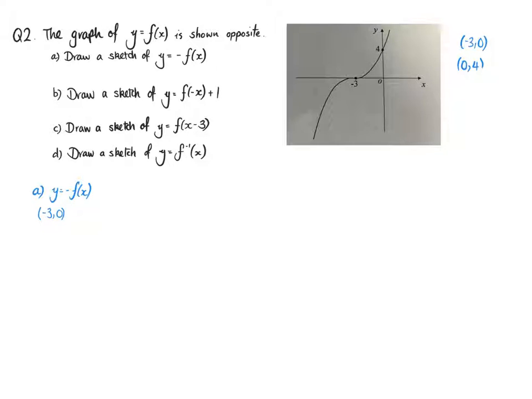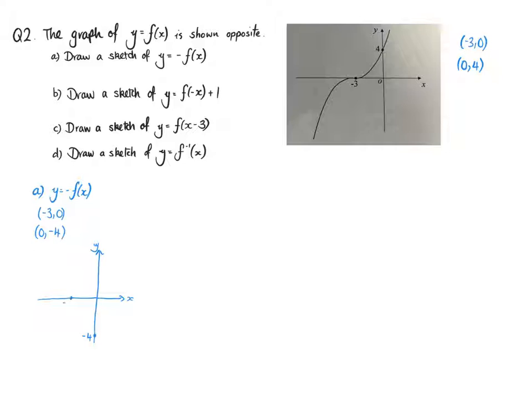So with negative f of x, that one's going to stay the same, but this one's going to become 0, -4, because we've changed our y coordinate to be negative. So we've got these points. I know I normally draw the axis after, but I want to just make sure that this one goes through the right points.